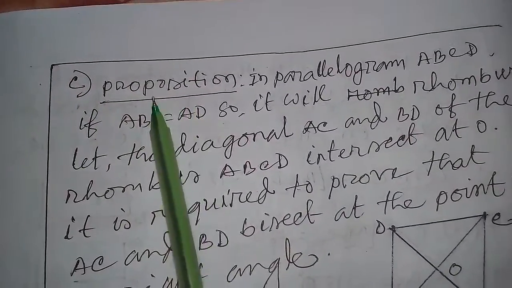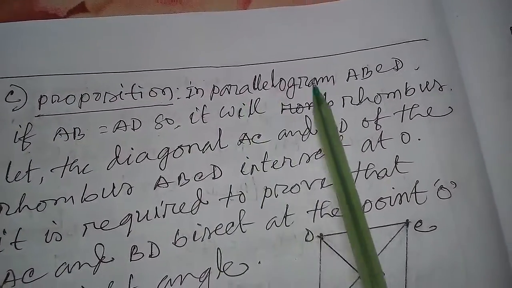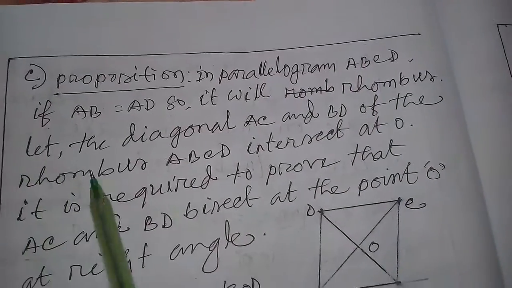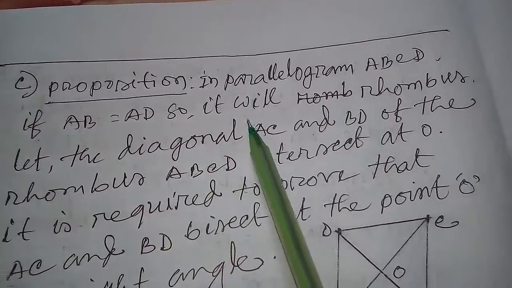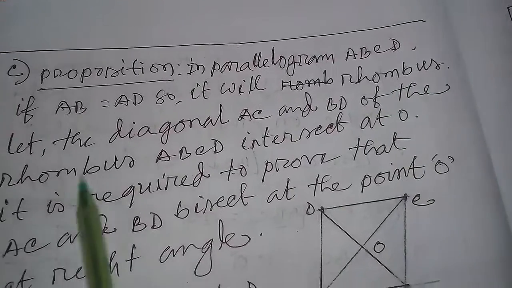Number C, proposition: in parallelogram ABCD, if AB equals AD, it will be a rhombus.